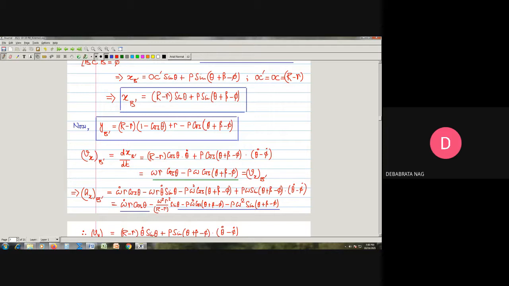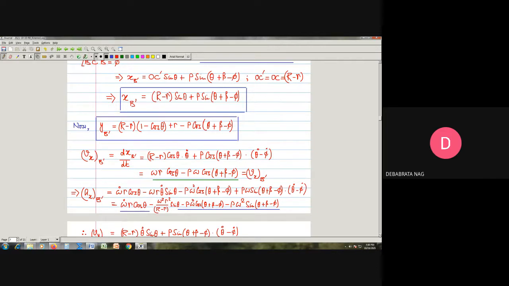So you see here, it will become omega r into cos theta minus omega into r into cos of theta minus phi. So you see, this is becoming cos of theta minus phi. So from here we can calculate the velocity of the point A dash in that configuration.